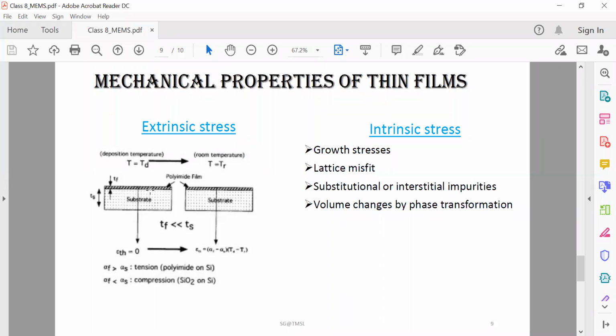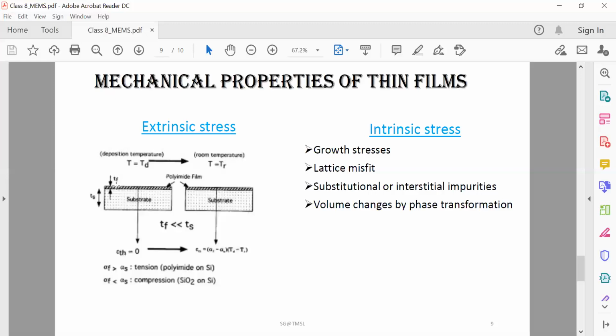That is basically the extrinsic stress, and normally TF, the film thickness we are going to deposit, is extremely low compared to TS, the substrate thickness.